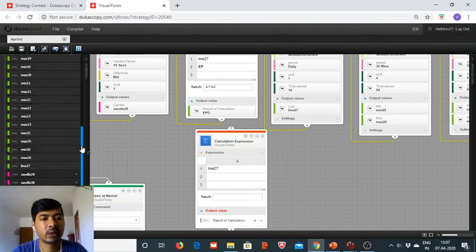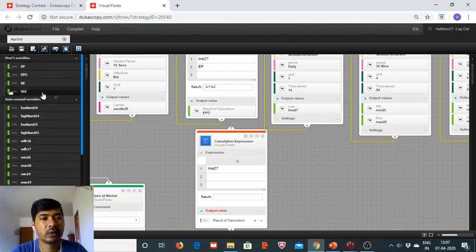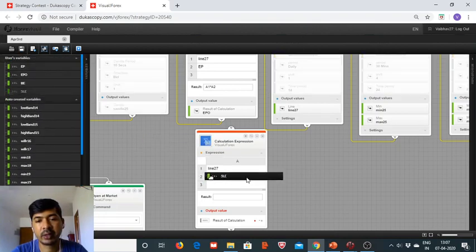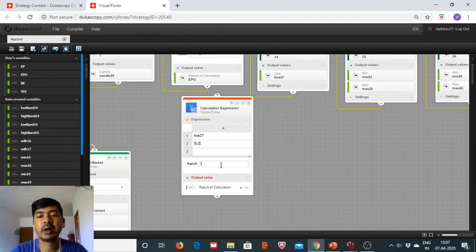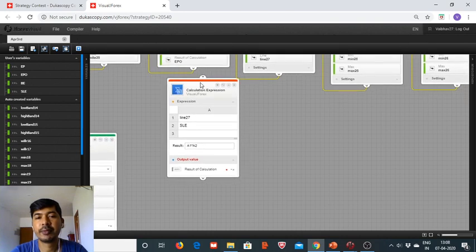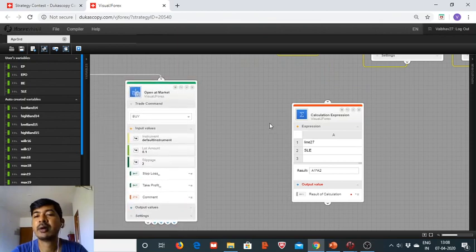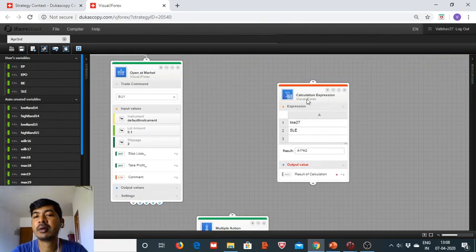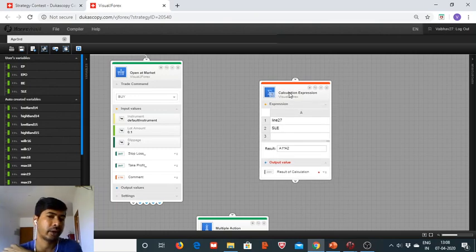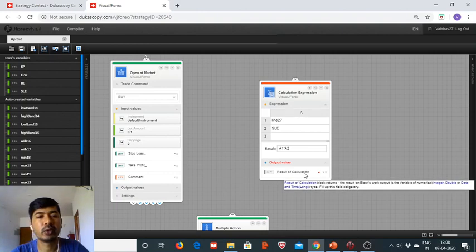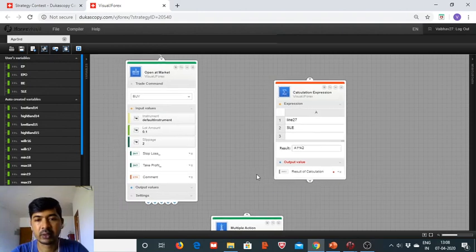Now comes the time to multiply the ATR by A1 into A2, and this will be our stop loss, and we want to do the type conversion as well. We will have to convert this double into integer type, and this is the Java setup.